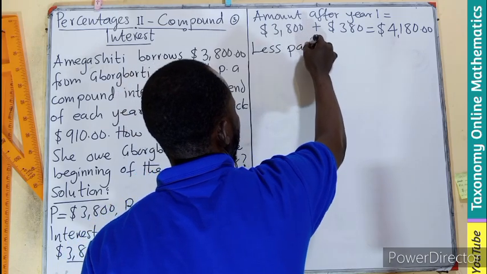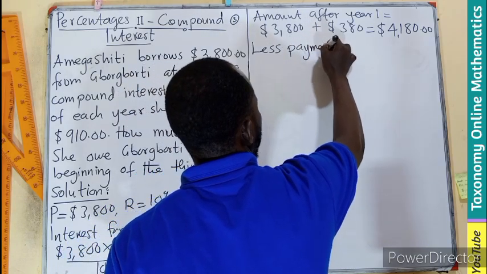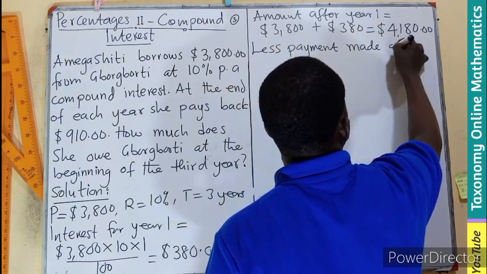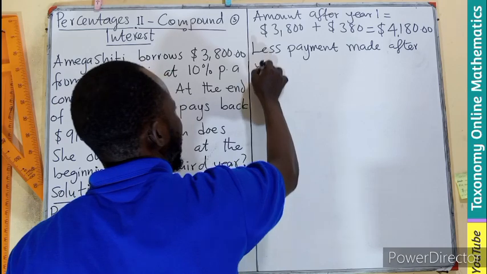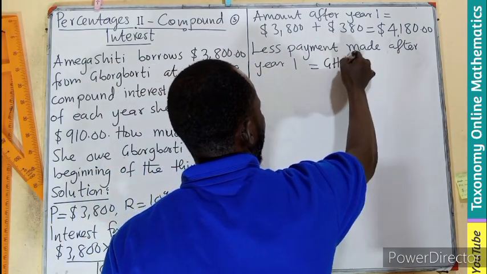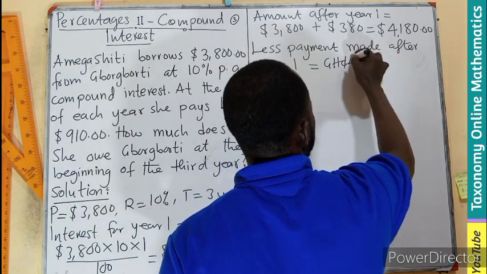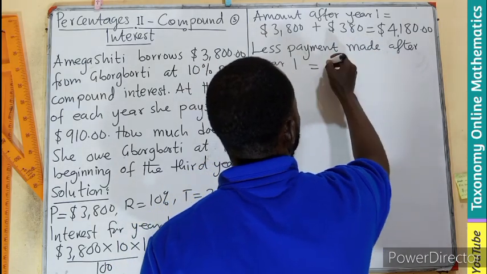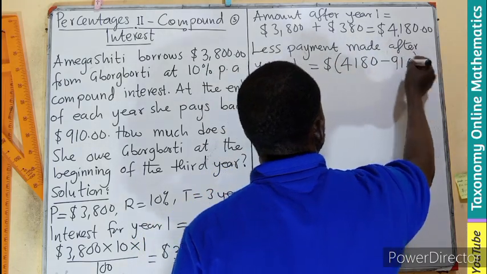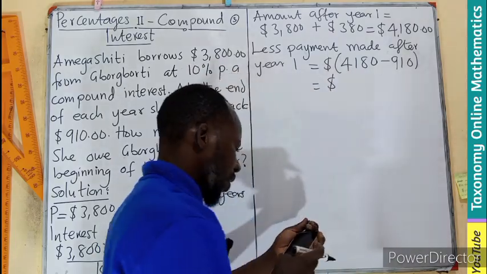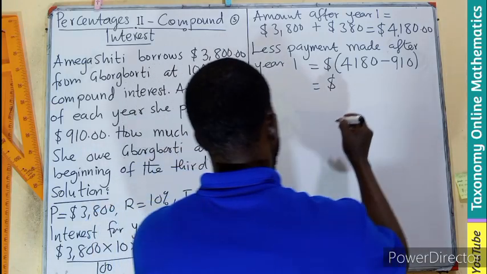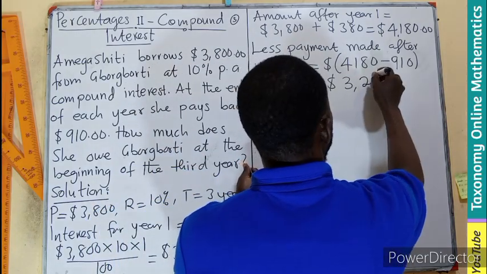Less payment made after year 1 is going to be the amount I have, $4,180, minus $910, so that we can have what the money will be. So if I do that, I should be left with $3,270.